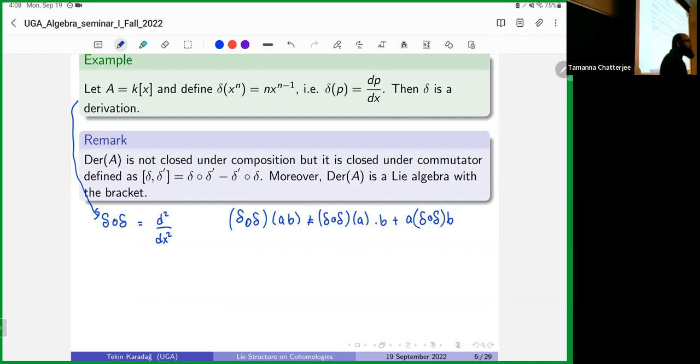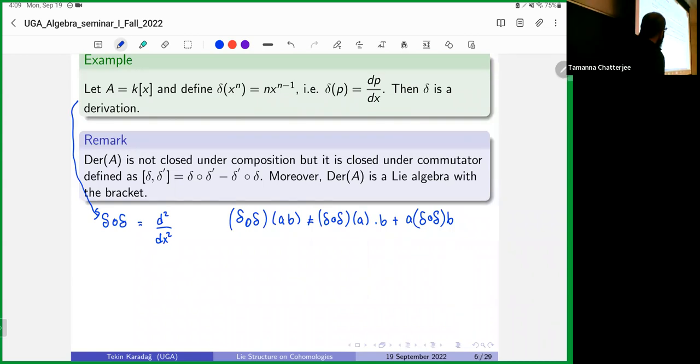But we can define a bracket, as in this case, and then it's going to give a Lie algebra structure to the derivations. So Der(A) is going to be a Lie algebra with the bracket: delta composed with delta prime, minus delta prime composed with delta.